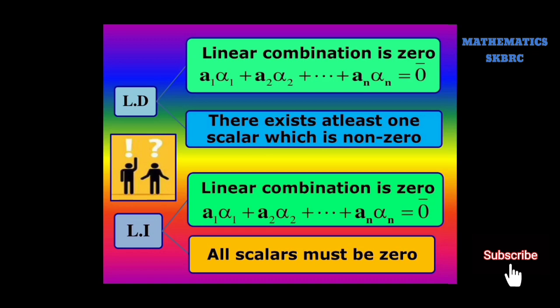The second property in LD vectors: there exists at least one scalar which is non-zero. That is, a1 not equal to 0 or a2 not equal to 0 and so on, an not equal to 0. Sometimes all scalars may be non-zero. The second property in LI vectors: all scalars must be 0. That is, a1 = 0 and a2 = 0 and so on, an = 0.